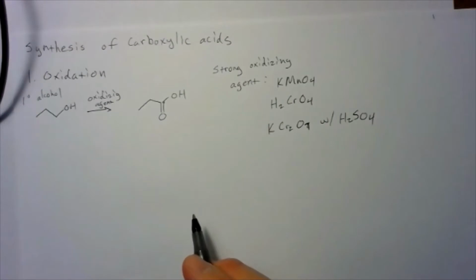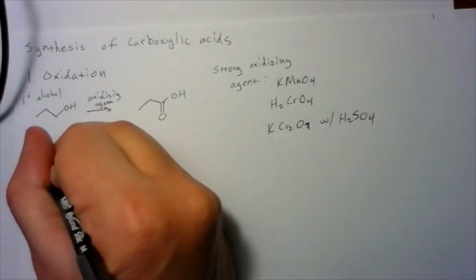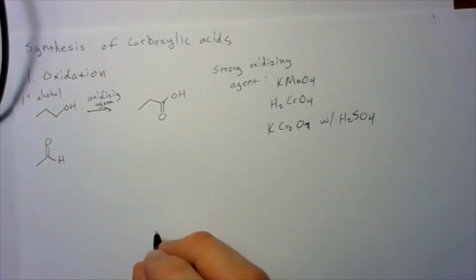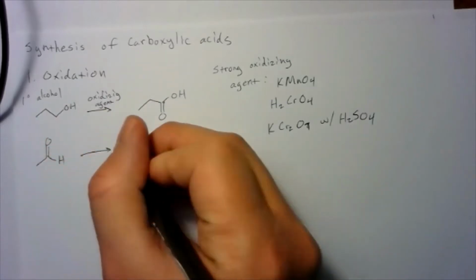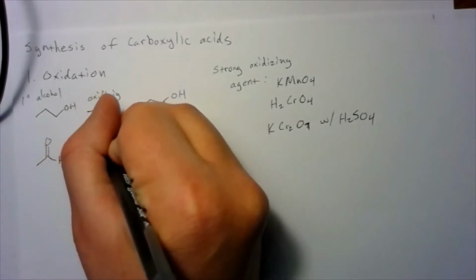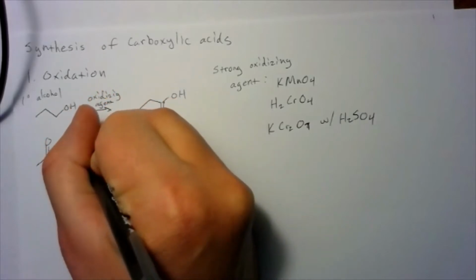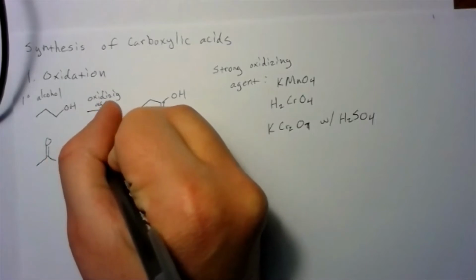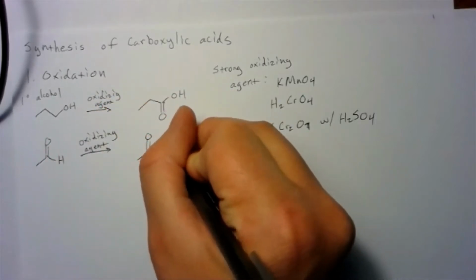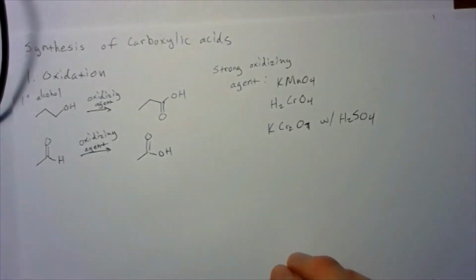We can also use a similar process to convert aldehydes to our carboxylic acids. So again, if we add our strong oxidizing agent, we would convert to our corresponding carboxylic acid.